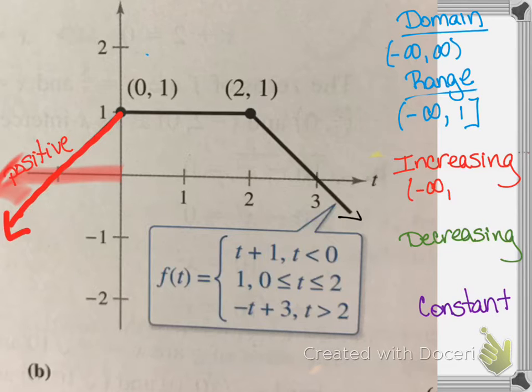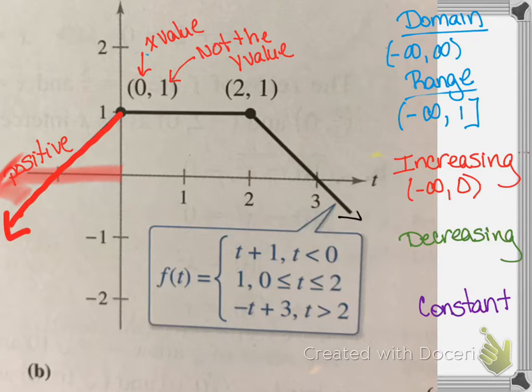Where do my x values stop for the increasing? At 0. Good. Okay? A lot of students want to put 1 right there because of the y value. Okay? It is not the y value. You are only looking at the x value. The only time that you use the y value is during range. That's the only time that you use the y value.